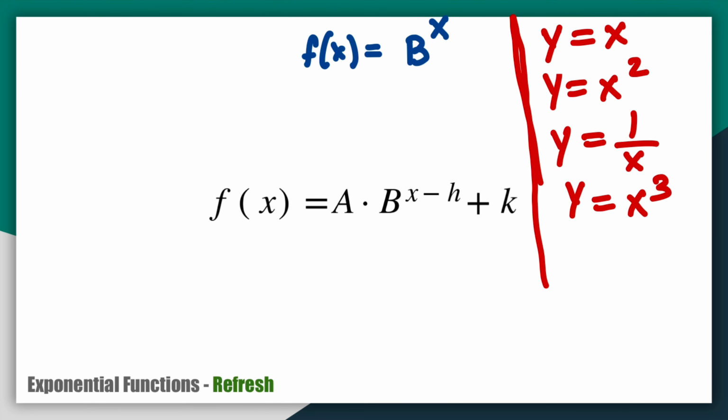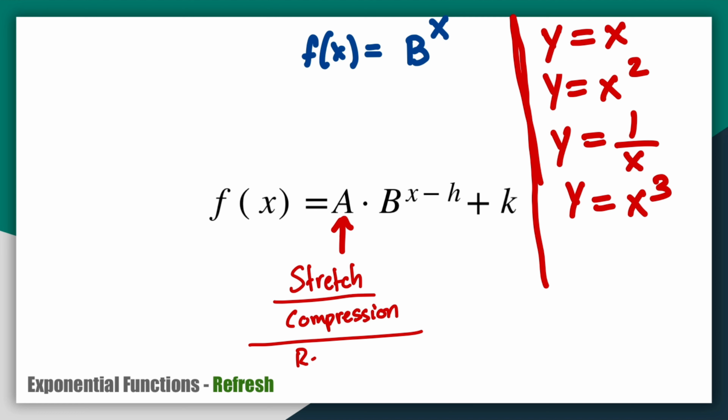So your a value, just like always, is going to be your stretch. Let's change this to something smaller here. It's going to be your stretch, and it's going to give you your compression, and it's going to give you your reflection.